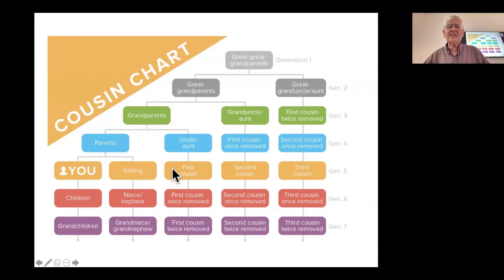So your first cousins are the children of your aunts and uncles. Your first cousins and you share the same grandparent. Your second cousins are the children of your great aunts and your great uncles, and you share a great grandparent.